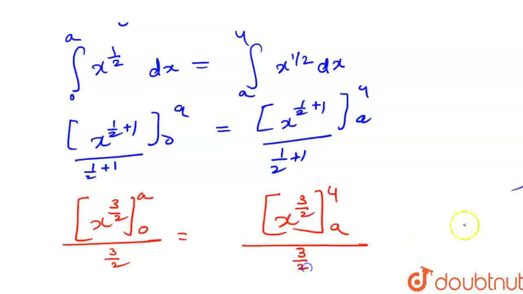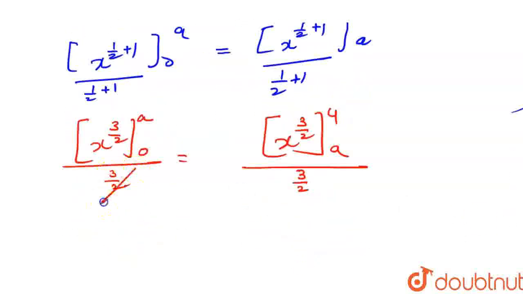Then 3 by 2 and 3 by 2 will be cancelled out, and after putting the limits we will be left with a to the power 3 by 2 minus 0, and here it will be 4 to the power 3 by 2 minus a to the power 3 by 2.